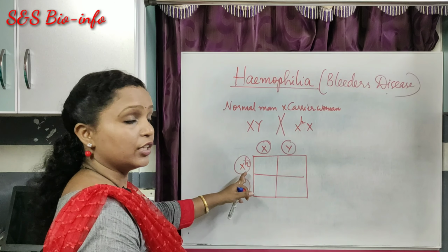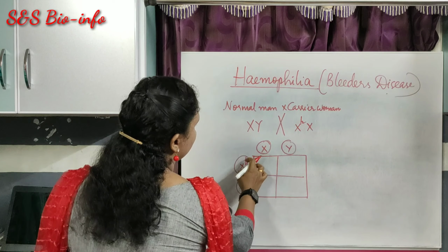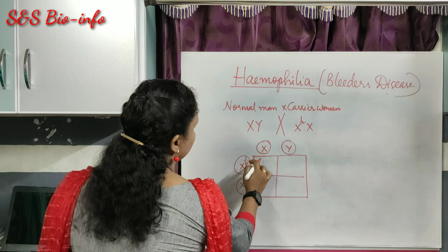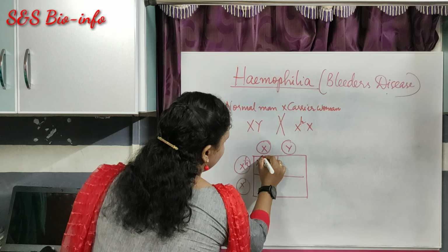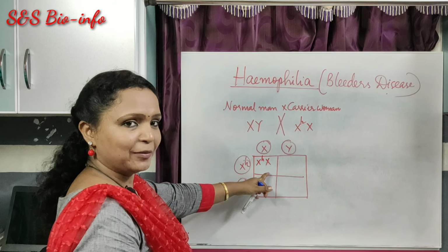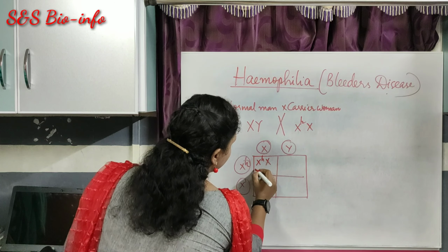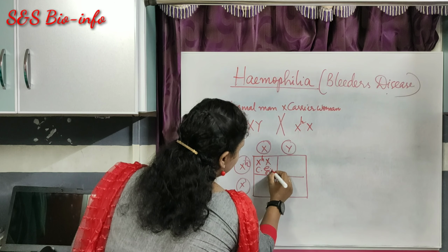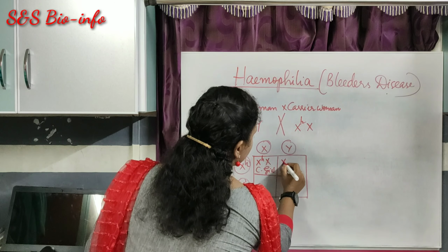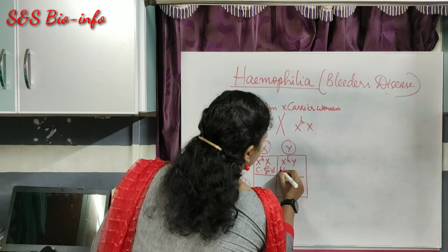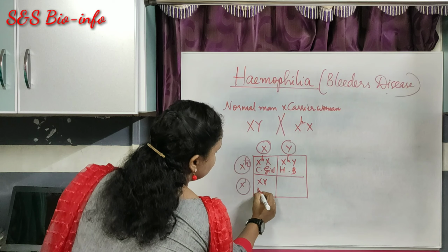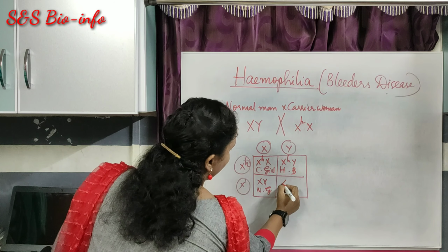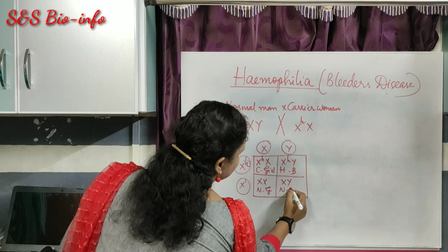When the male gamete is fused with the female gamete, the possible genotypes are: carrier girl, hemophilic boy, third one normal girl, then normal boy.